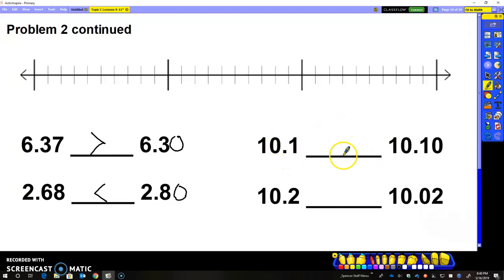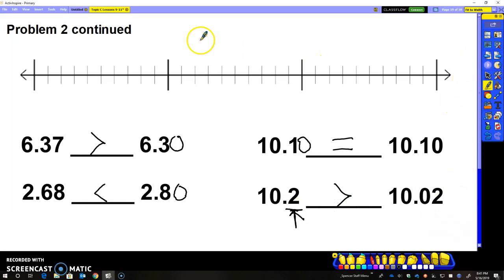Alright, here's a tricky one. Now we have 10 and 1/10, and over here we have 10 and 10/100, which is the same as 10 and 1/10. Those are equal, okay? And here I have 10 and 2/10 versus 10 and 2/100. Well, tenths are larger than hundredths, so 2/10 is greater than 2/100.